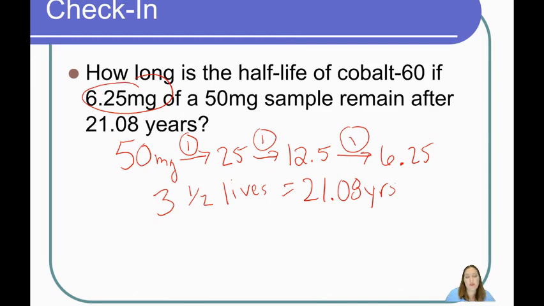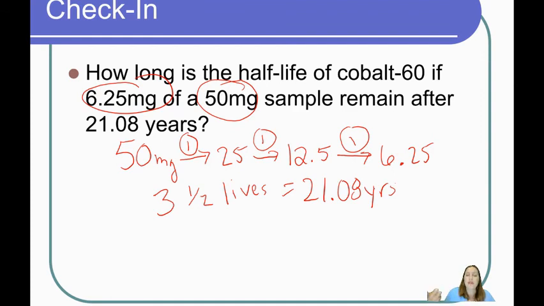So if you're asking yourself, how did you get that 3? Well, I needed to figure out how many times I cut it in half. So I want to go from what my initial sample was to what my final sample is. So 50 divided by half is 25. Divided by half is 12.5. Divided by half is 6.25. Okay, or divided in half, not by half.